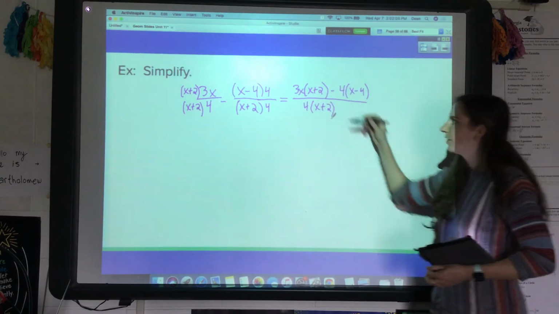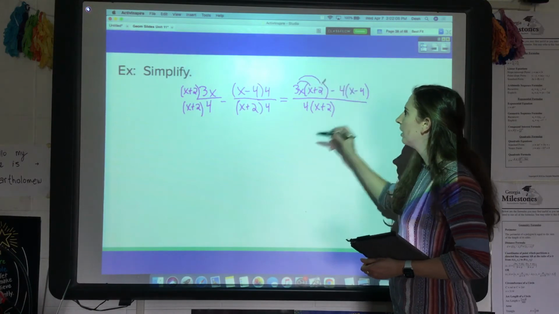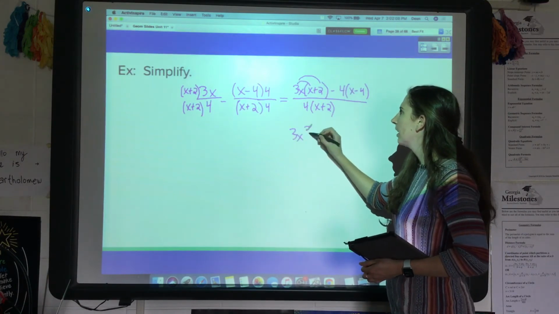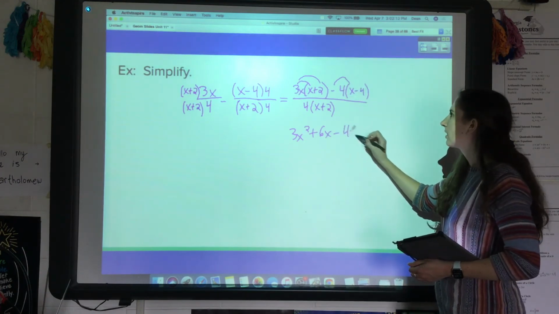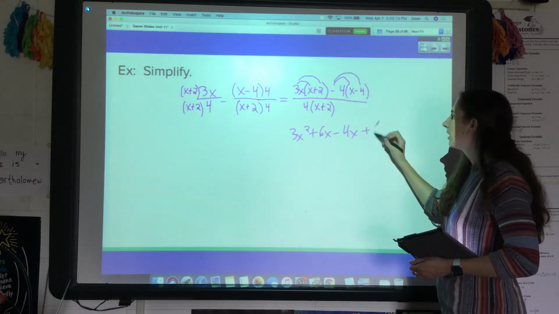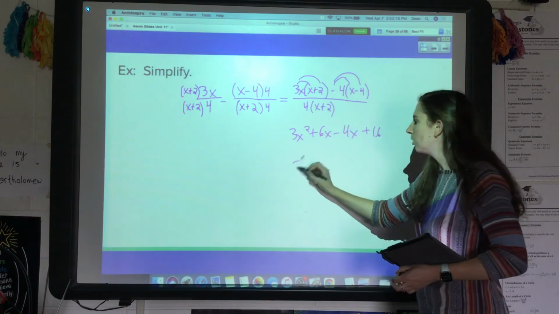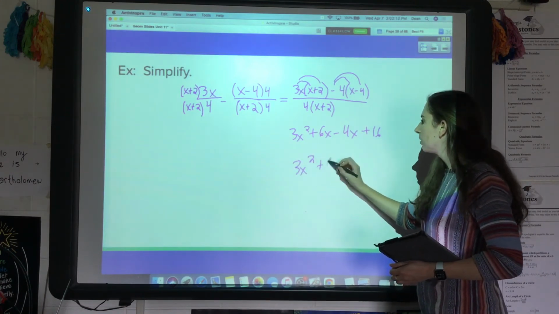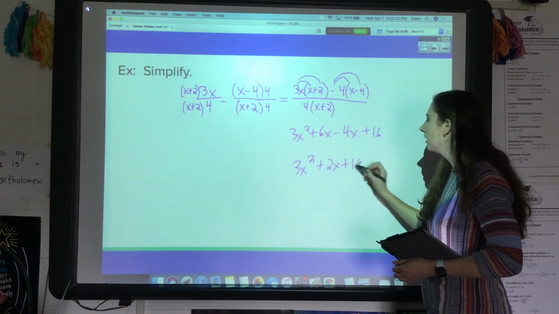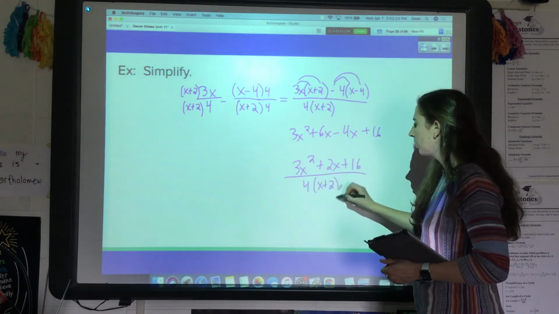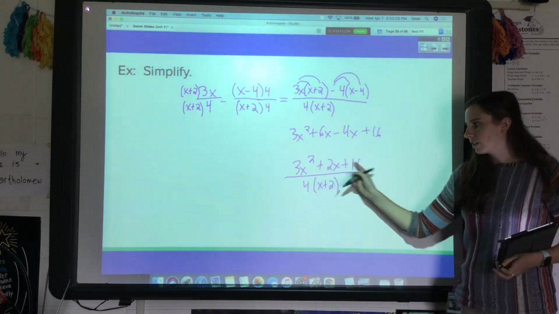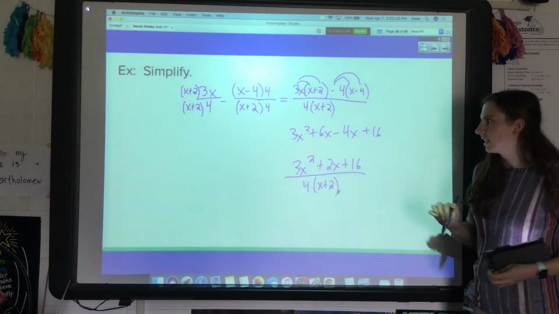If you want to simplify this, we could distribute it out. So we would get 3x squared plus 6x, and then minus 4x plus 16, which simplifies to 3x squared plus 2x plus 16 over 4 times x plus 2. You could maybe factor this, but I'm just going to leave it as it is.